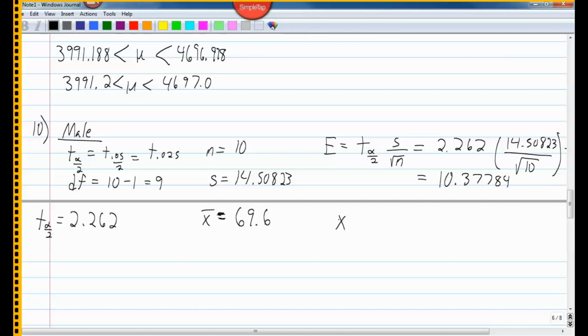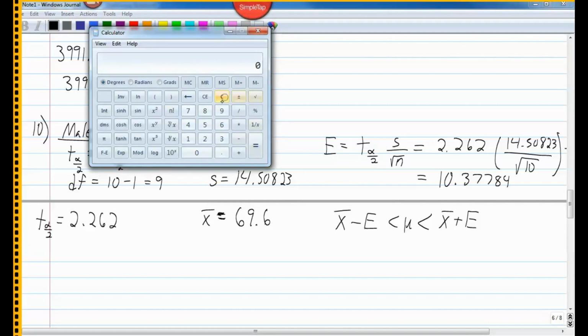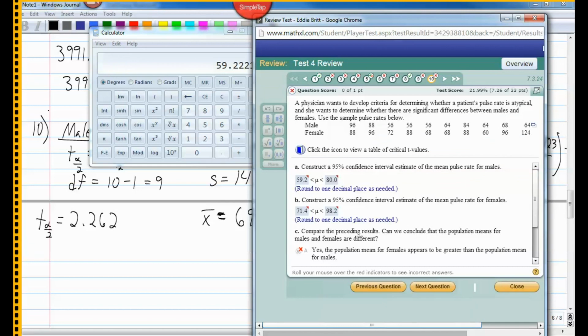Remember, the confidence interval is x bar minus e is less than mu is less than x bar plus e.